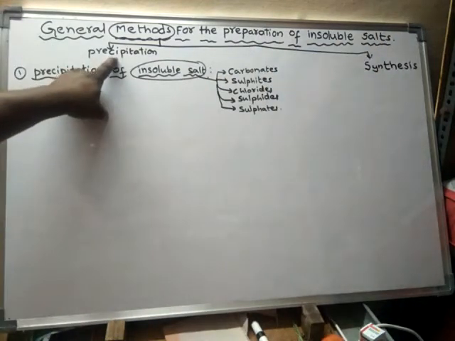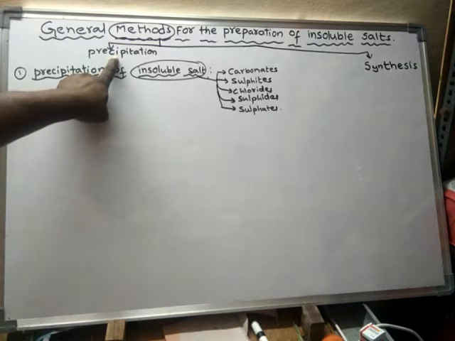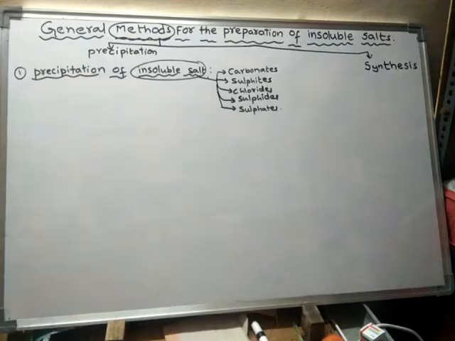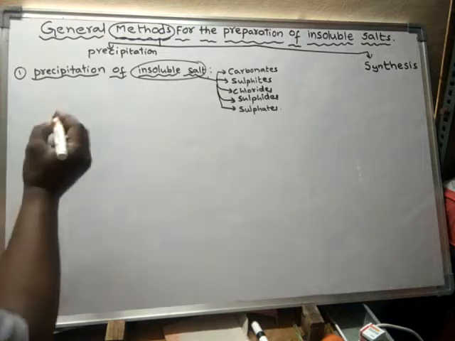So precipitation, we have already seen. Double decomposition reactions or double displacement reactions are of two types. What are they?